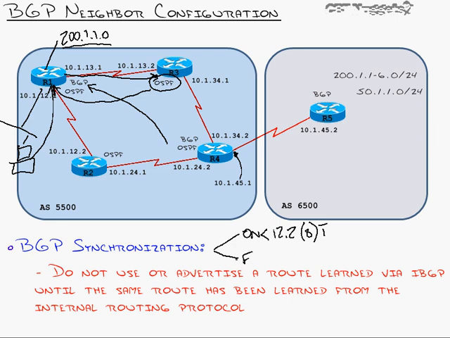It is off in iOS releases 12.2 release 8T and later, so greater than or equal to 12.2 release 8T. Okay. Now, if BGP synchronization is off, it does not look to satisfy that rule, meaning I do not need an internal routing protocol to back me up before I'll start using those routes.